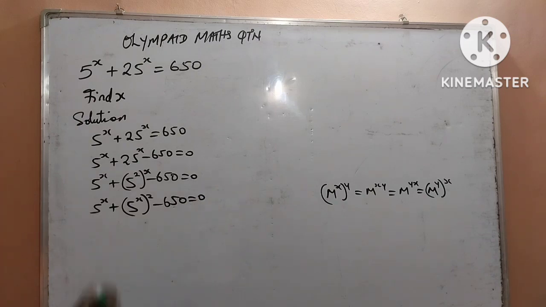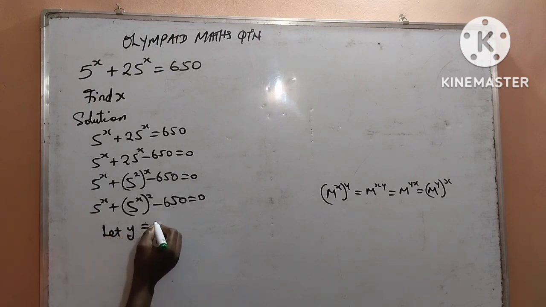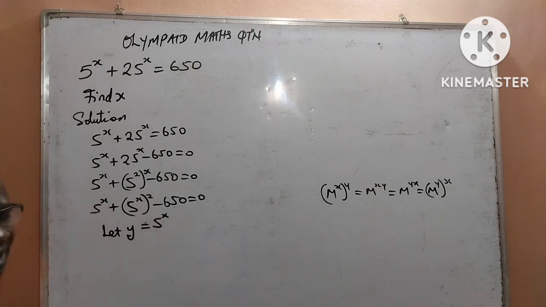Next, I want to let y be equal to 5 to the power x, implying that anywhere I see 5 to the power x here, I shall write y, because I want this to have the look of a quadratic equation format.